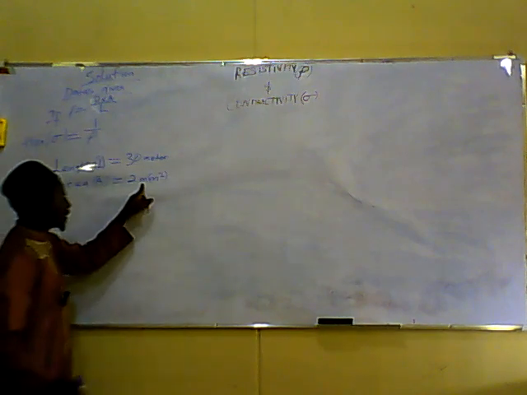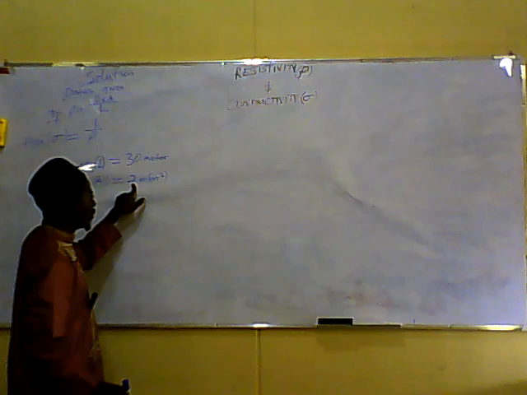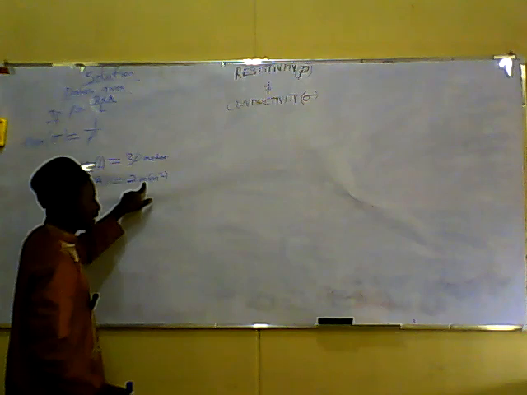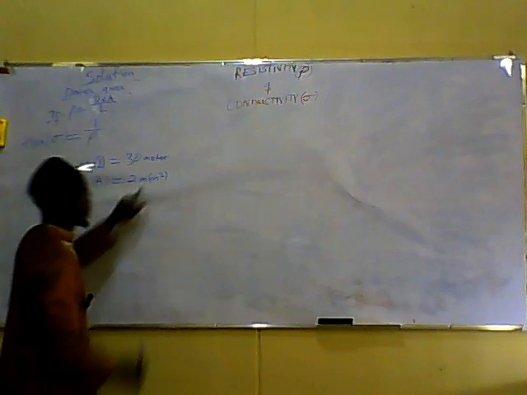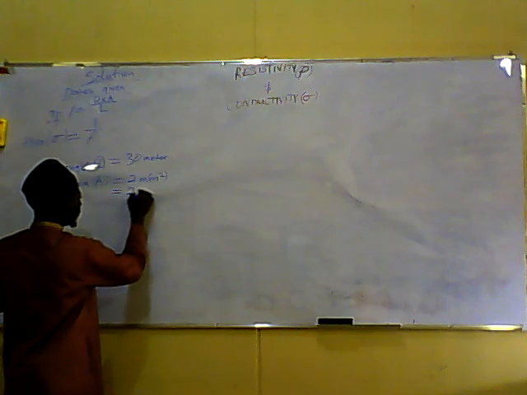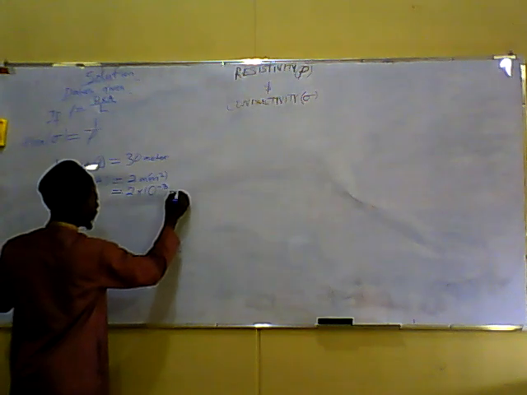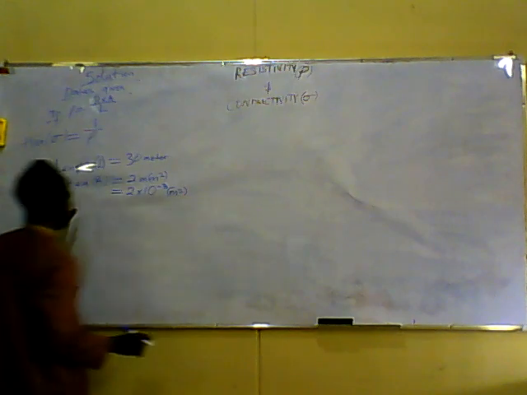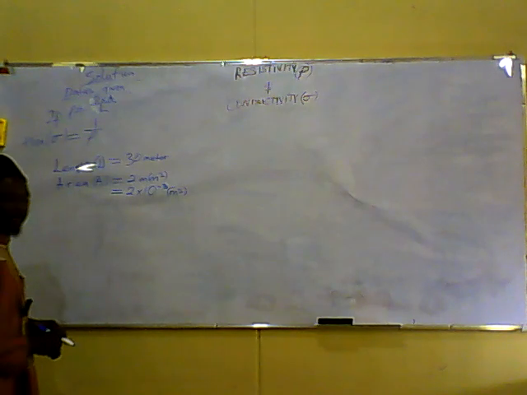Remember that the first m is part of the value of this area. M is milli, which is 10 to the power of minus 3. So area is 2 times 10 to the power of minus 3 meter squared. Meter squared is the unit of measurement for area.